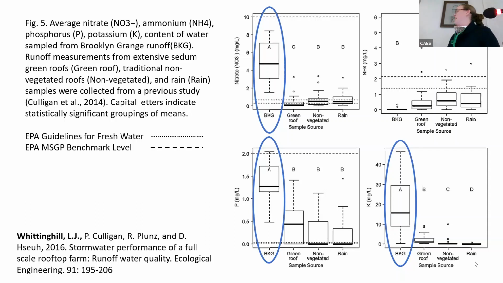And based on fertilizer recommendations, they were over-applying potassium, which could be one reason for the increase in potassium in the runoff. They were a little bit oversupplying phosphorus and nitrogen for some crops in some areas of their roof.